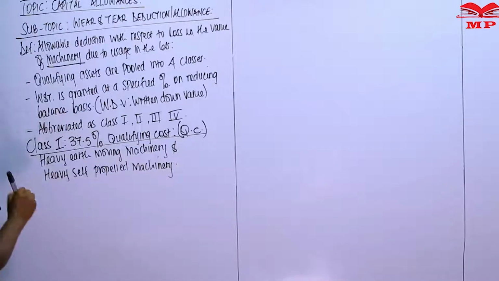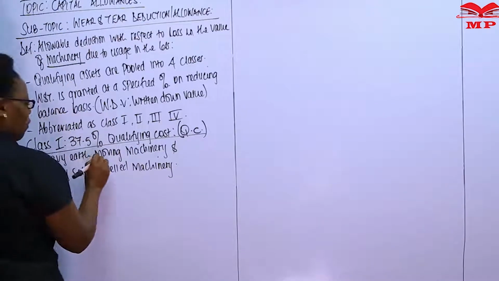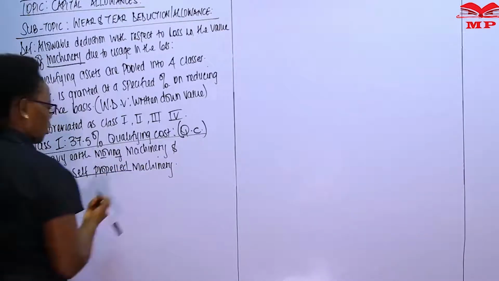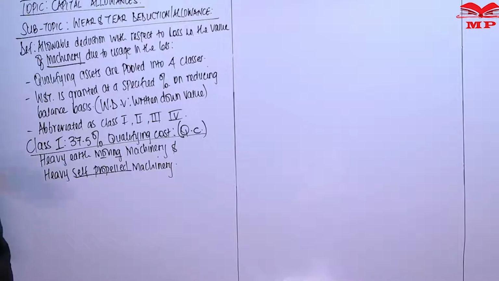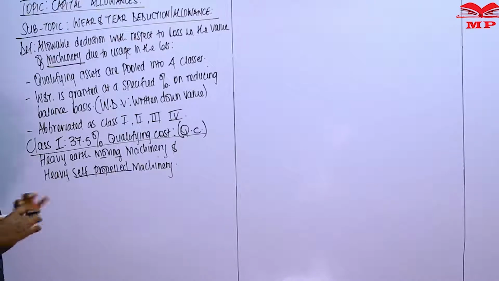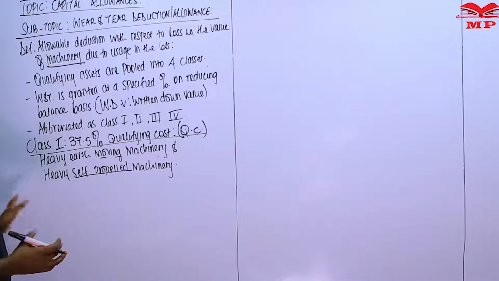Very important. Heavy earth moving and heavy self-propelled machinery or self-propelling machinery. That simply means that the qualifying machinery must be capable of moving by itself. So it has an engine.